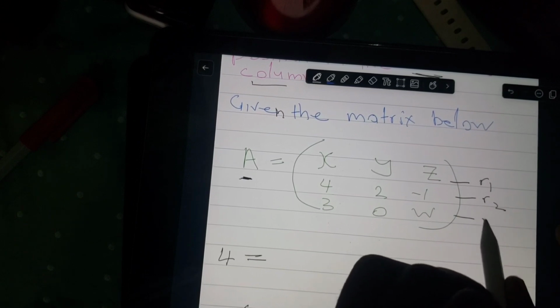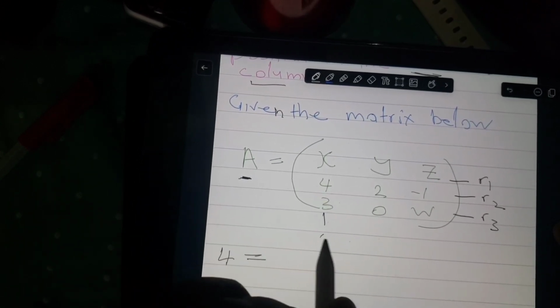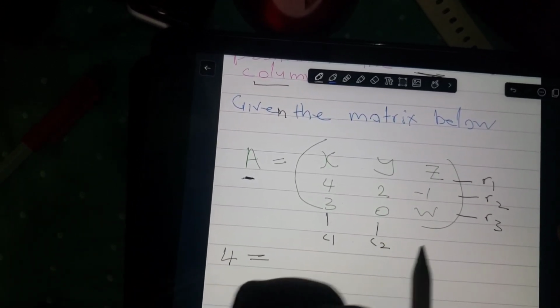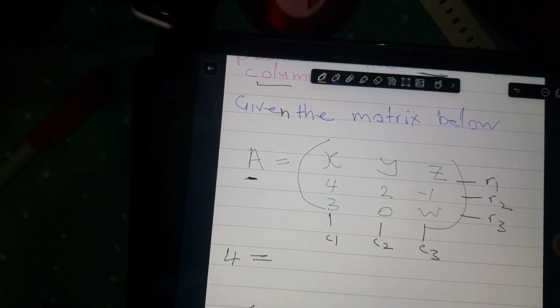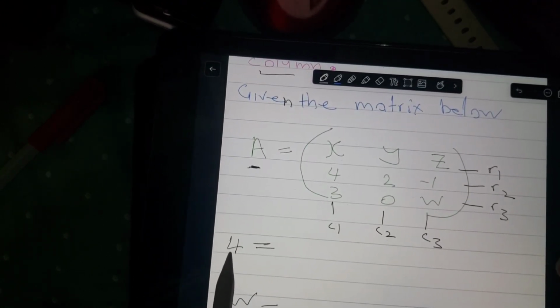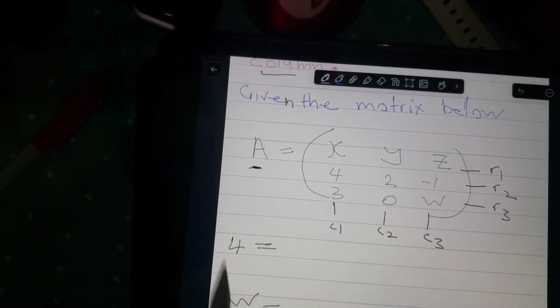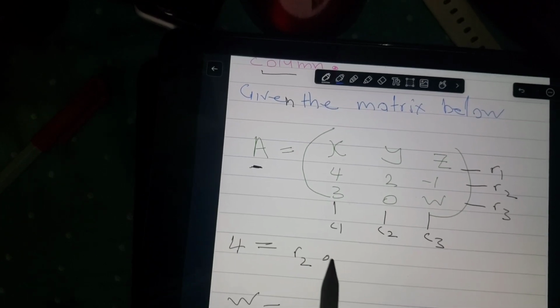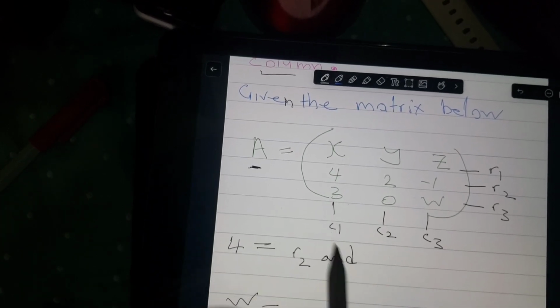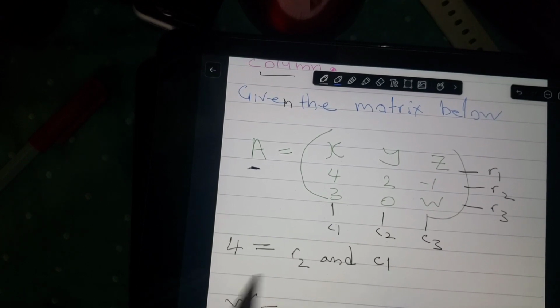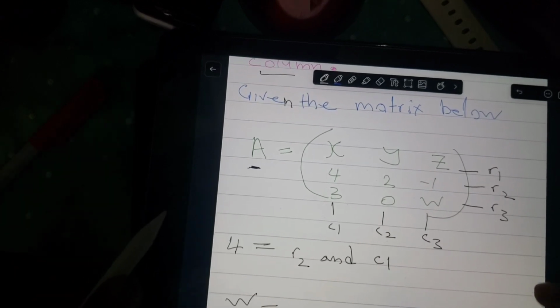So we've got 3 rows. How many columns? Column number 1, column number 2, column number 3. Talking about 4, its position is in row number 2 and column number 1. That's how we define the position of the element.